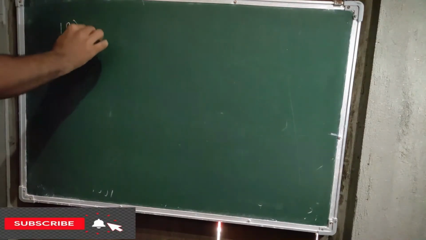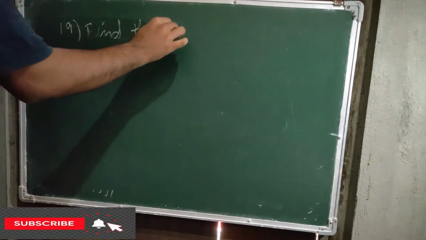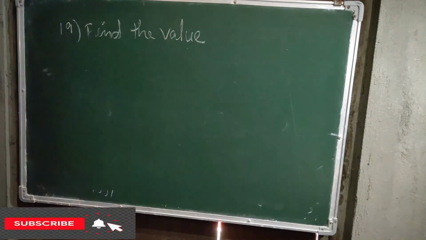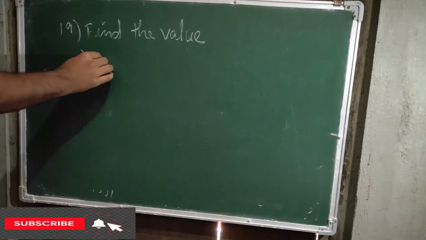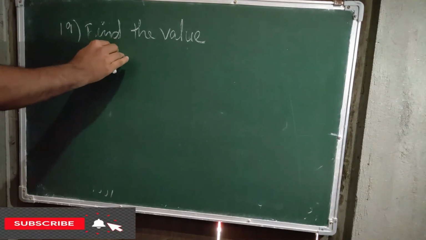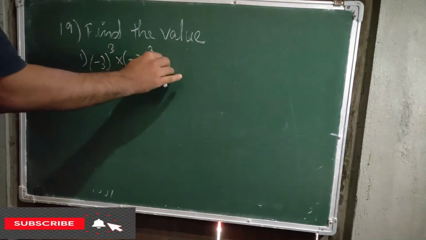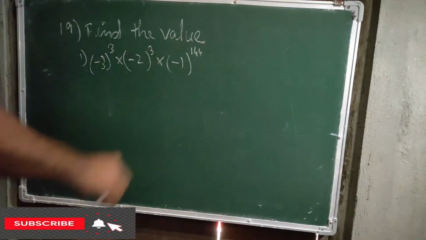Question number 19. Our question is: find the value. Our first question is (minus 3) whole cube into (minus 2) whole cube into (minus 1) whole to the power 144.